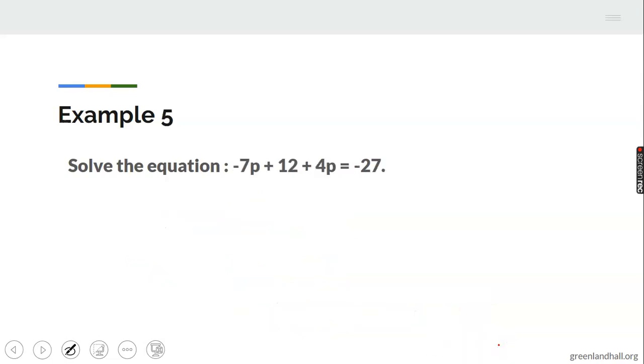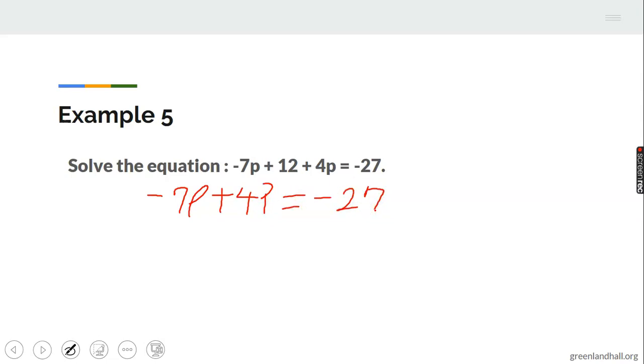That's the answer. Now, another question, we have to solve the equation minus 7p plus 12 plus 4p equals minus 27. Now, collect the like terms. The ones that have the same term p, bring them together. Then the ones without p, take them to the other side of the equation. That will be minus 7p plus 4p equals minus 27.